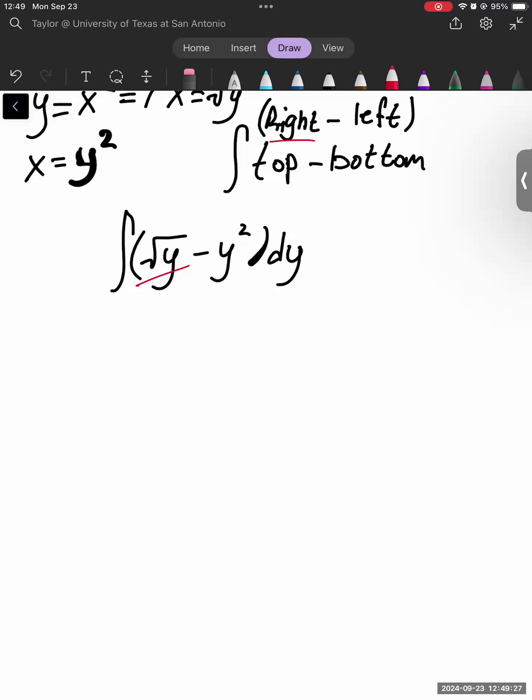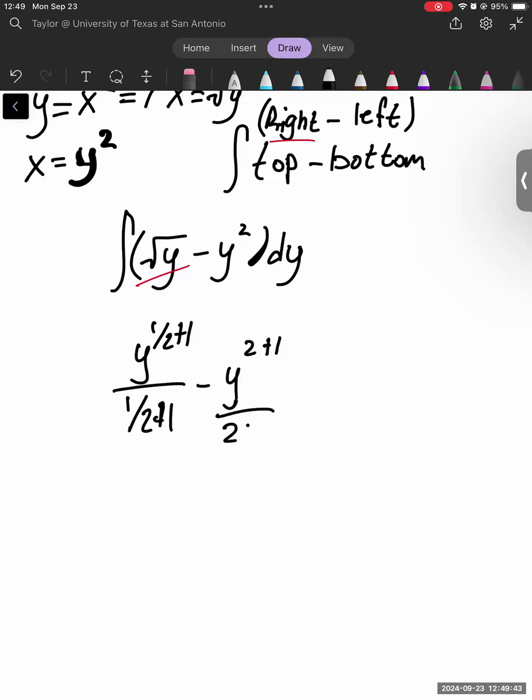Nice. So using the power rule, we get y to the 1/2 plus 1 over 1/2 plus 1 minus y squared plus 1 over 2 plus 1.